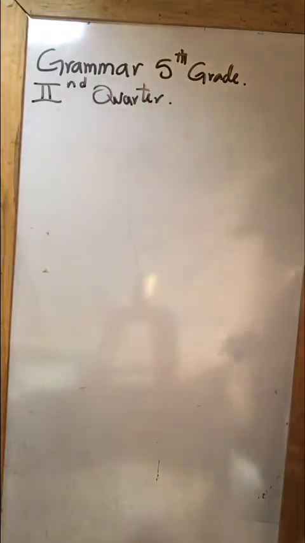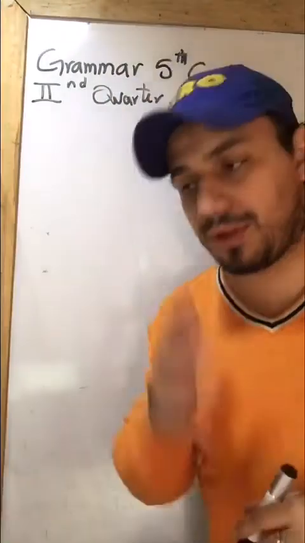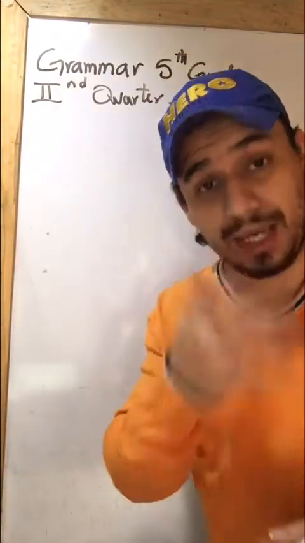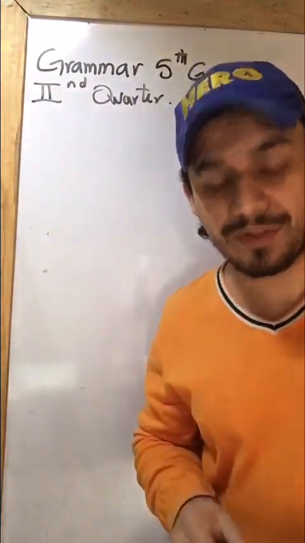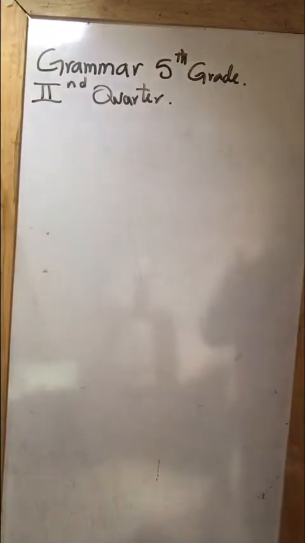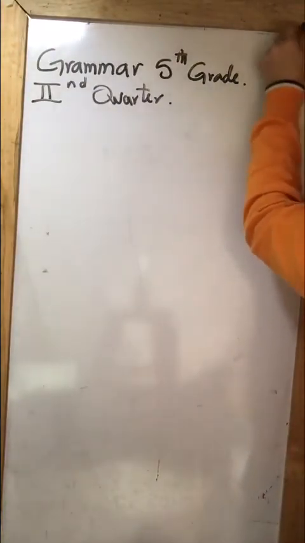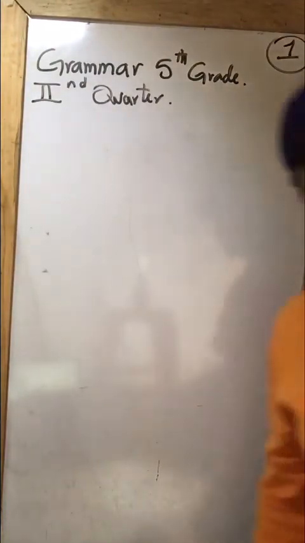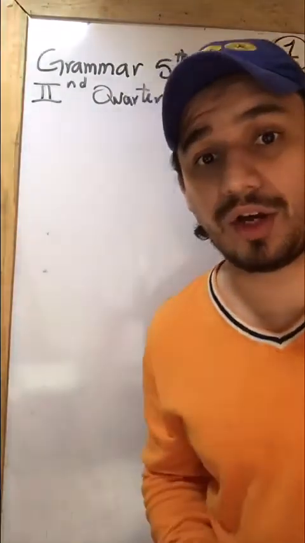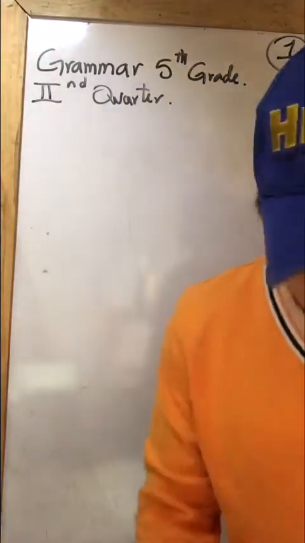Today we're only going to do the explanation of the topic, and tomorrow we are going to do the exercise of it, okay? So we are going to name this one number 1, so we know that this is the video number 1 of the quarter, okay?